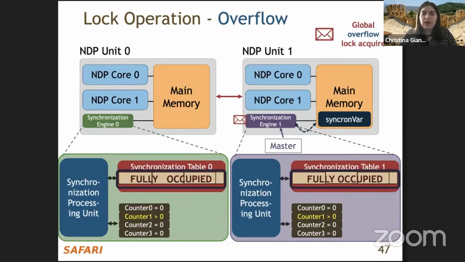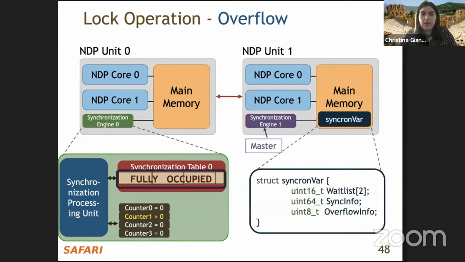Both the local and the master synchronization engine increase the corresponding index counters in the index counter set to indicate that the specific lock variable will now be served using main memory. We design a specialized structure, called SynCron bar, to keep all information needed to coordinate synchronization using main memory to handle overflow scenarios.